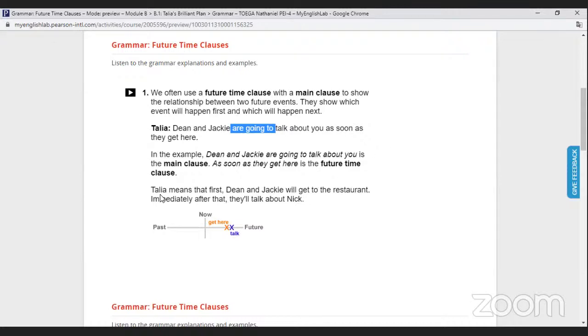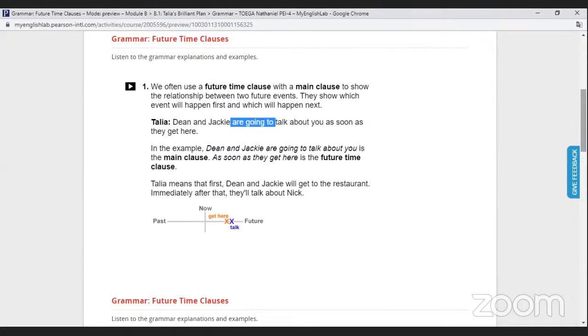So we can see that first Dean and Jackie will get to the restaurant. Immediately after that, they'll talk about Nick, right? So you can see in this line what's gonna happen in which order. That's the first part about the future and the main clause.